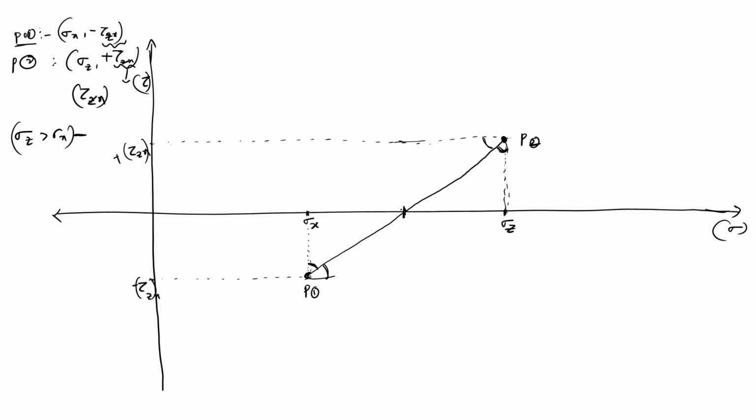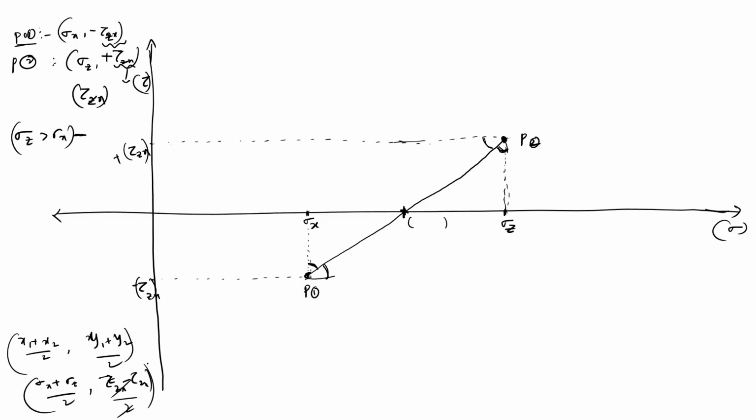Now consider the midpoint of these 2 points. The midpoint is x1 plus x2 by 2, y1 plus y2 by 2. For p1 and p2 this is sigma x plus sigma z by 2, and tau zx minus tau zx by 2, which is 0.